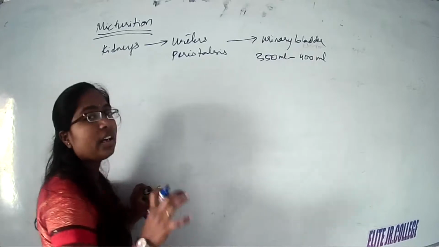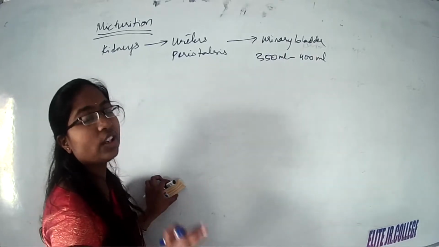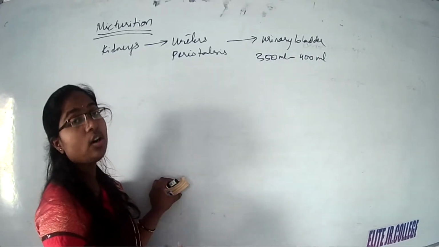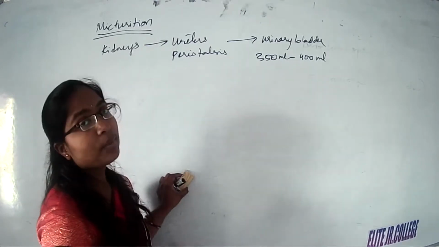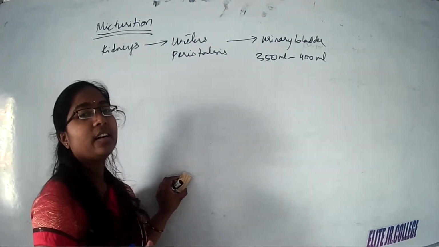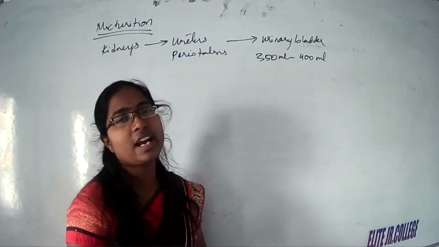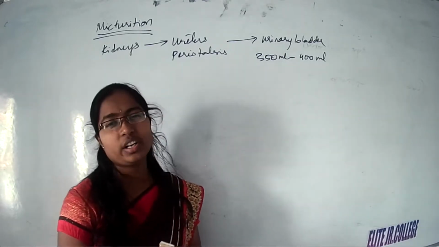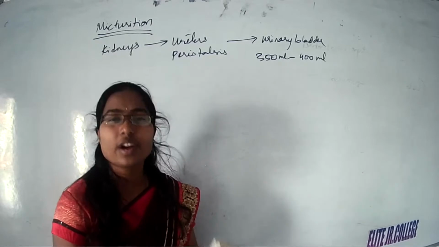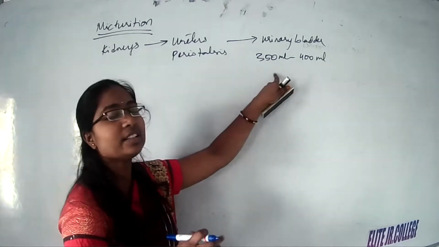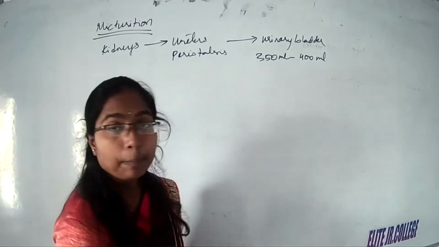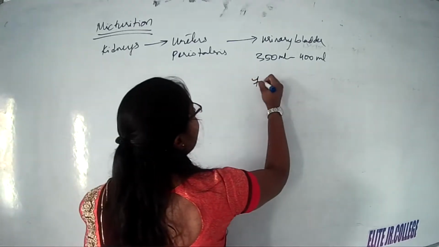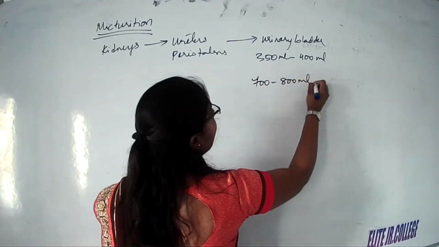It can easily store 350 ml to 400 ml of urine. But the urinary bladder wall is stretchable. So, though this is the normal capacity, it can hold up to 700 to 800 ml of urine.